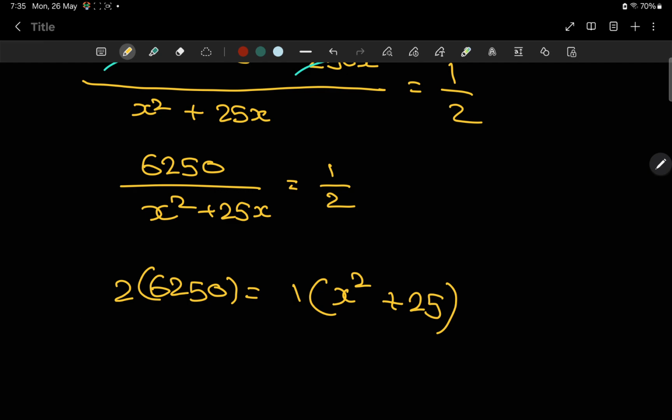Now what is 2 into 6250? It's 12,500 is equal to 1 into anything is itself, right? So x square plus 25x.